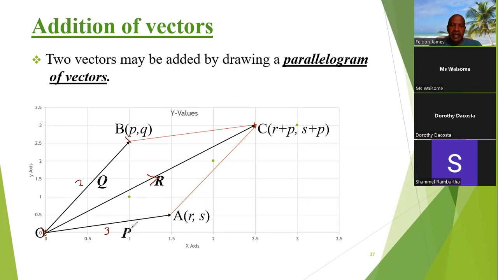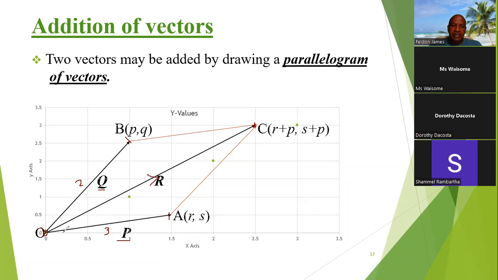So how do we really add them? By taking these two vectors, the two components, one which is Q and one which is P, acting from the origin. In order to get R, we combine these two vectors to form a parallelogram.